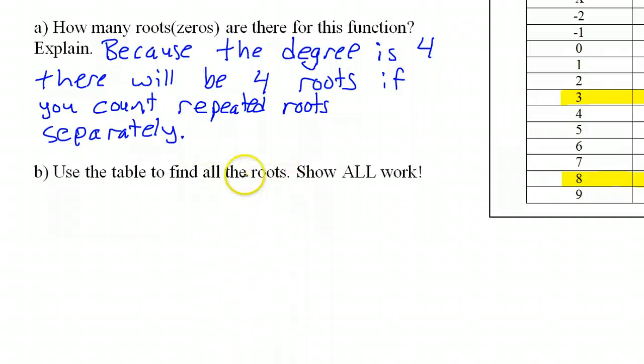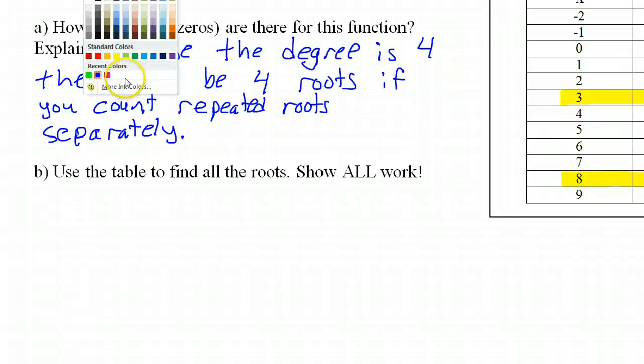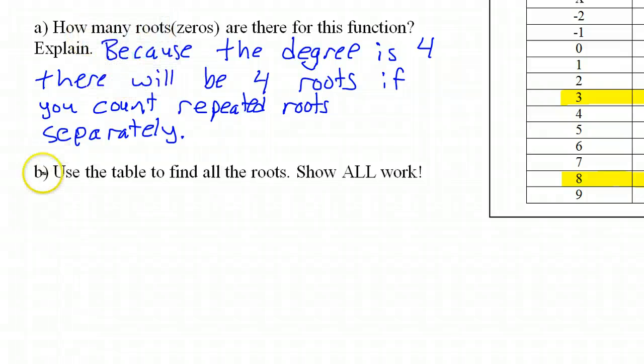Okay, use the table to find all the roots. Well, we found 2. And you know what? I'm going to do what I always do, which is I'm going to write the factors and the zeros like I always do.